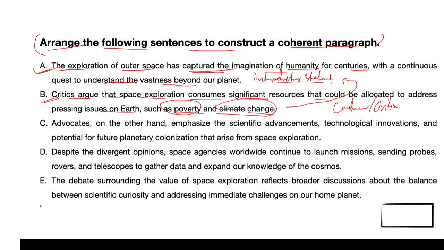Now, look into C. What does C say? Generally, if I talk about A and B, sentence B presents an opposing viewpoint, adding depth to the discussion. Then sentence C, or 3, presents another perspective by introducing advocates of space exploration, because you are talking about the exploration of outer space.